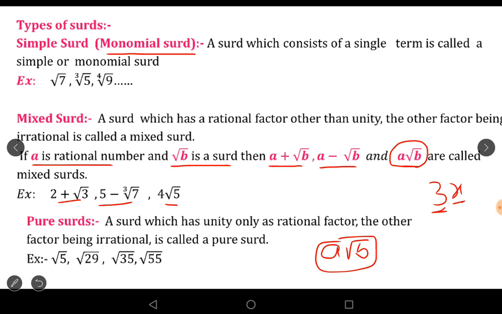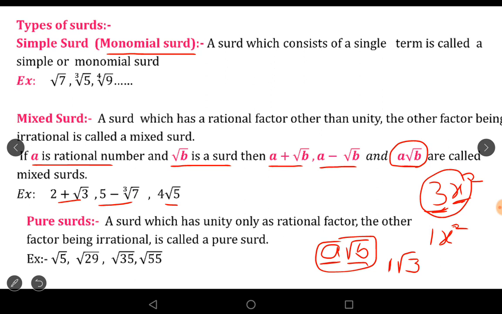Here in a into root b, a is the rationalizing factor and root b is the irrationalizing factor. In 3 into x square, 3 is the numerical factor and x square is the algebraic factor. Sometimes it is only x square, where the numerical factor is only 1. Here also, root 3 has 1 as the rationalizing factor.